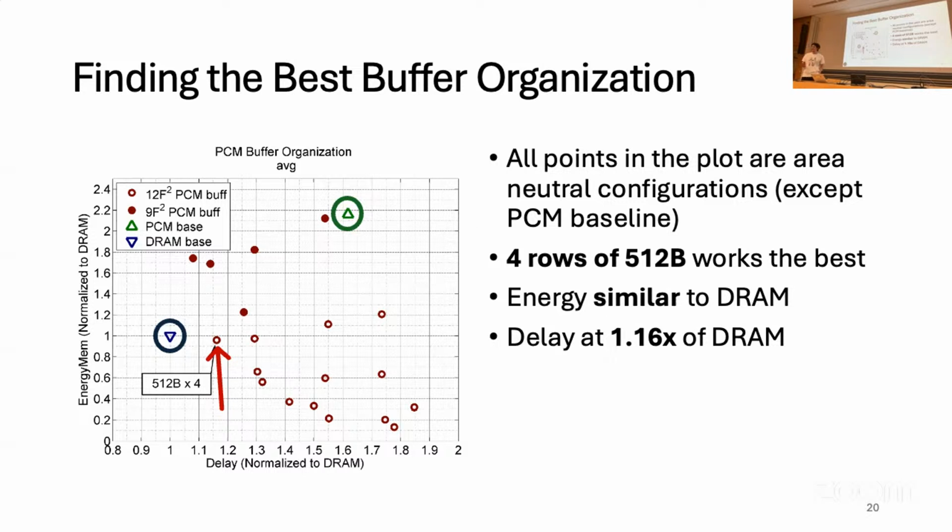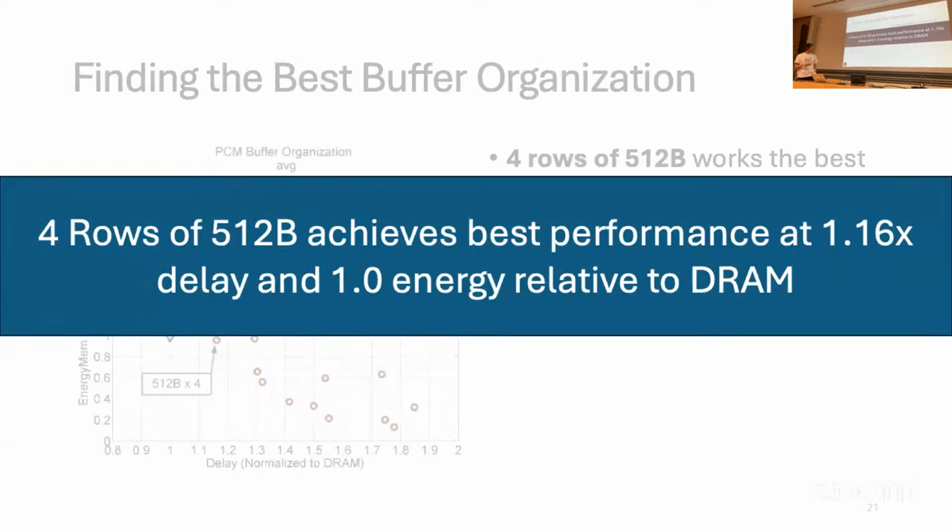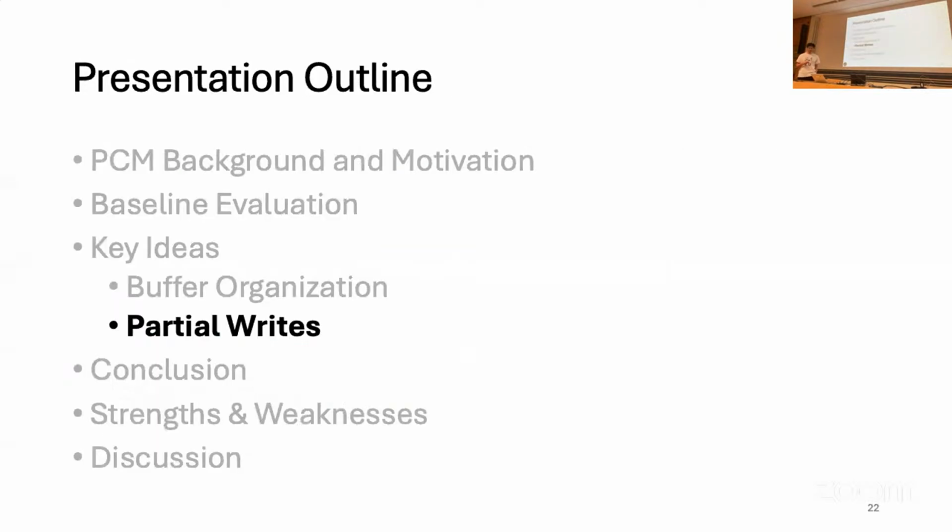So we kind of close the gap between PCM and DRAM with this mechanism. And the takeaway here is that we achieve best performance at 4 rows, and we get 1.16 delay and equal energy relative to DRAM. So the remaining problem now is the limited endurance problem of PCM.